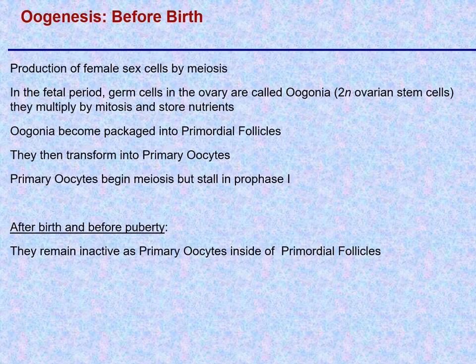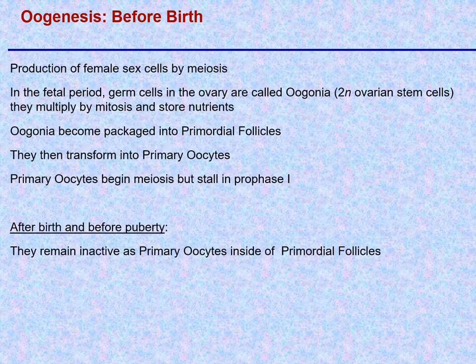So there are many follicles in the female fetus ovaries, and they have oogonia in them. They have a single oogonium in each follicle. Then they transform into primary oocytes. The primary oocytes begin meiosis, reductive division, heading towards haploid or 1N.